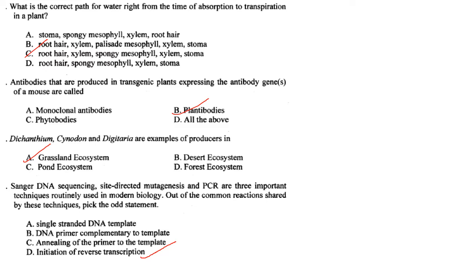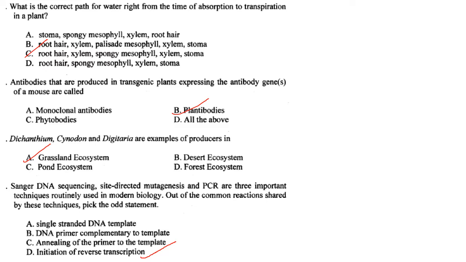So we have to write the correct pathway of water right from the absorption. Absorption takes place at the root hairs till transpiration. So the answer here is option C, that is root hair, xylem, spongy mesophyll, and again xylem, and then stoma.